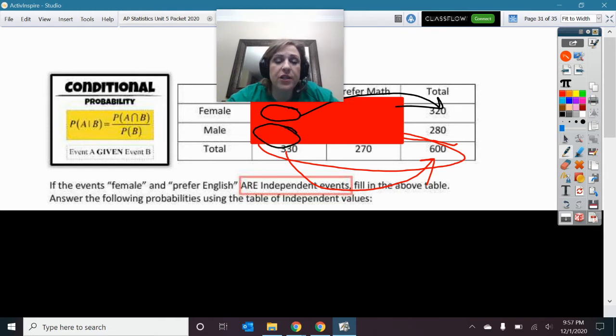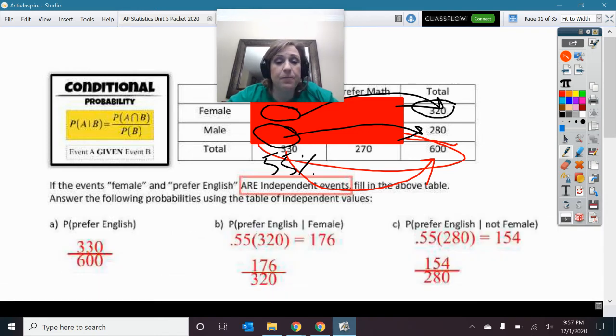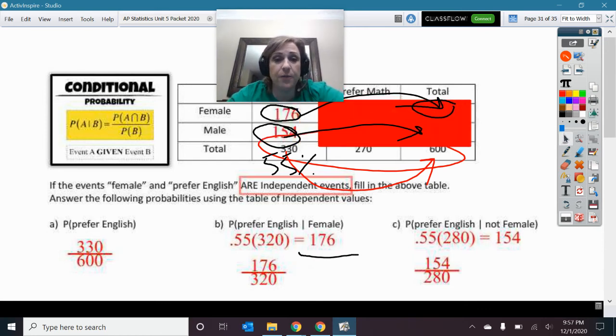And what proportion of the males should be preferring English? If the fact that you are male or female doesn't affect it and you prefer it at the same rate of 55%, then you're just going to take 55% of your 320, and that's 176. So that's what should go here.